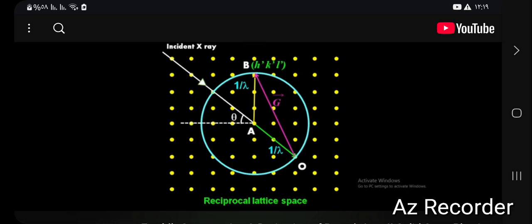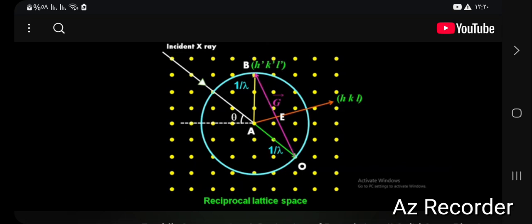Now suppose this AE is perpendicular to this OB, the reciprocal lattice vector G. O and B are reciprocal lattice points in two different reciprocal lattice planes, so the distance between O and B, the interplanar spacing in reciprocal lattice, is 1 by d.